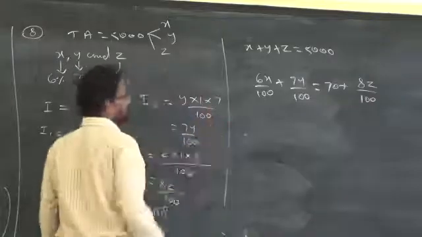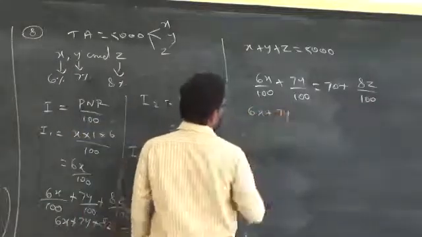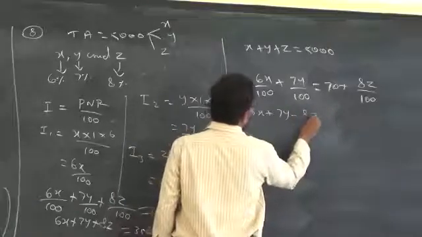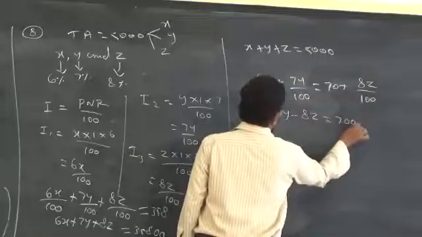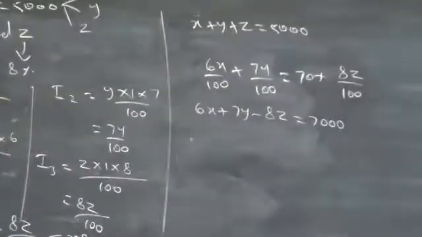So by simplification, you will get 6x plus 7y minus 8z is equal to 7000.